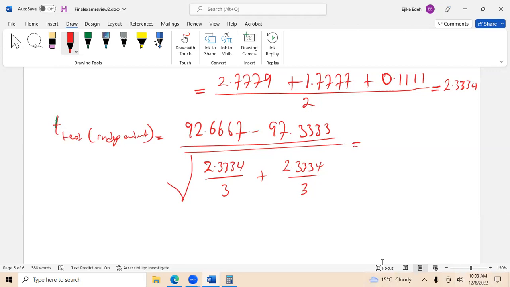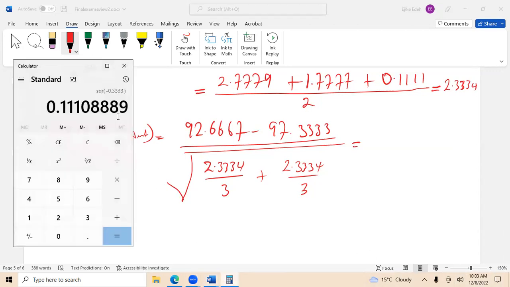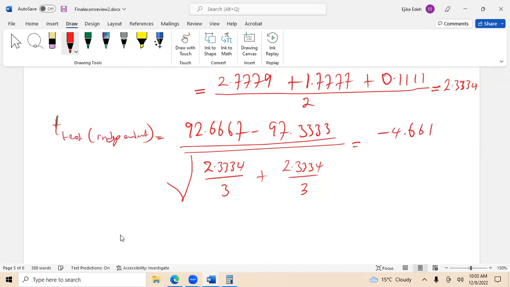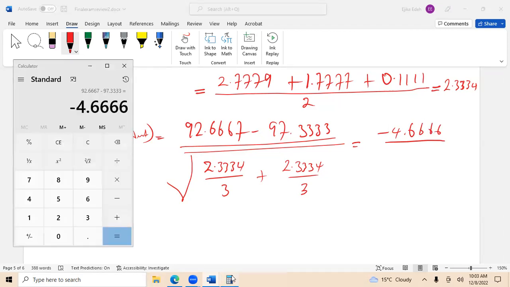Let's do the numerator first. For the numerator, we have 92.6667 minus 97.3333. This gives us negative 4.6666 on the numerator. On the denominator, we work this carefully, maybe in parts to make it clear.